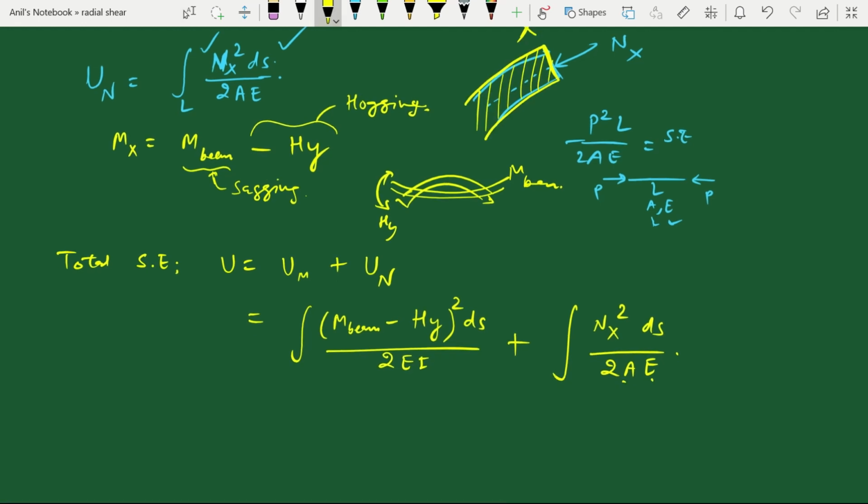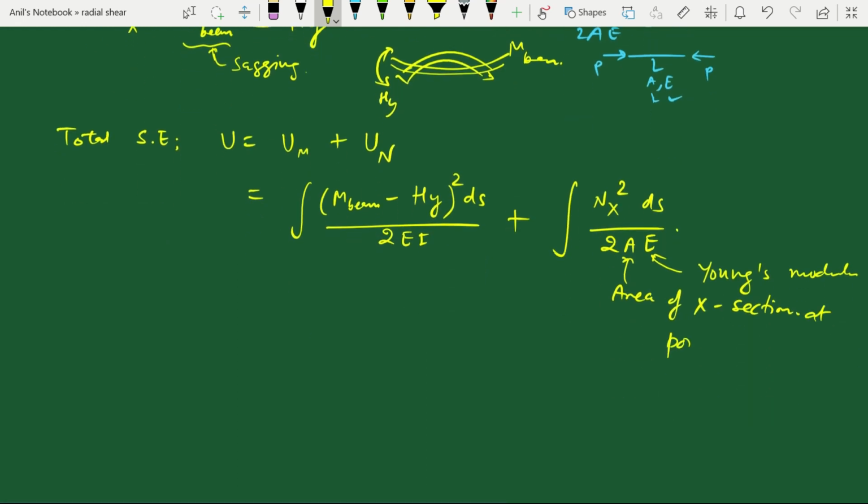E is modulus of elasticity of the material, Young's modulus, and A is area of cross section at point x.